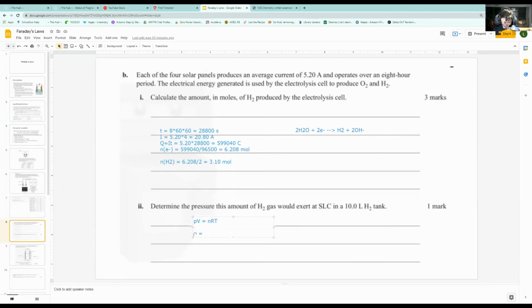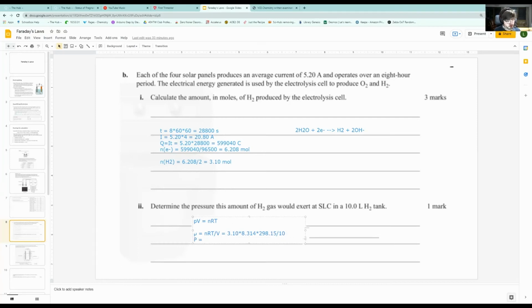Pressure is going to equal nRT divided by volume, which is going to equal 3.10 times 8.314. Look it up in your data book. Times we're doing 25 degrees, so that's 298.15 degrees Kelvin, and we're dividing by the volume, which is 10 liters. Basically, just plug all that in there.